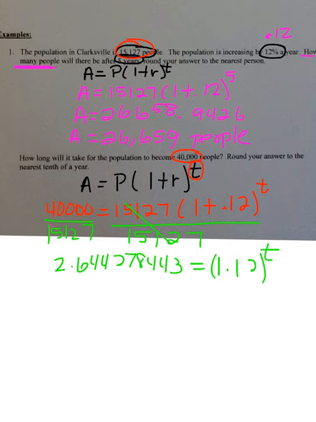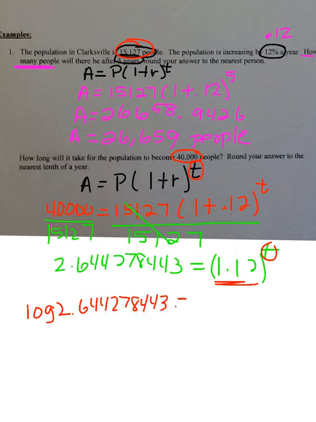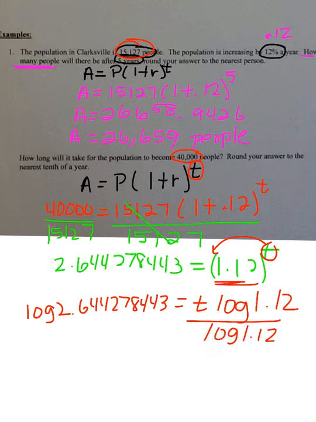So now we have the base, right? We have this base here with the exponent, exponential, so we use logs. So it's log 2.644278443. Exponent goes into the front, T log 1.12. Now we're solving for T, so divide both sides by log 1.12.